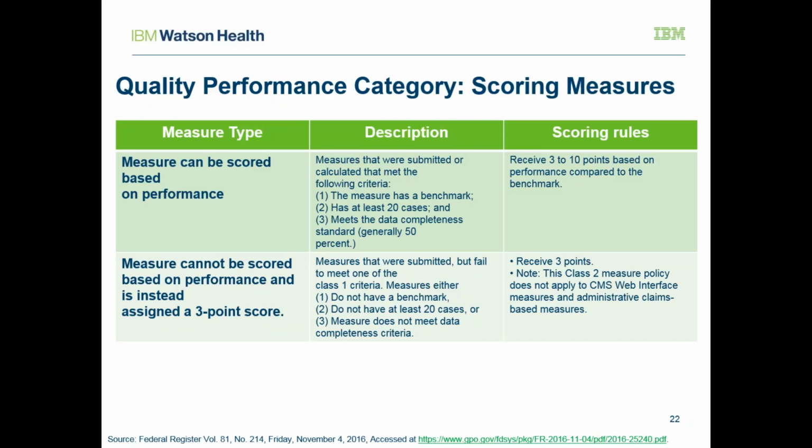So there's dollars at stake that practices or physicians could potentially be tapping into based on their performance. Again, important components for groups to think about as they plan out their macro roadmap.